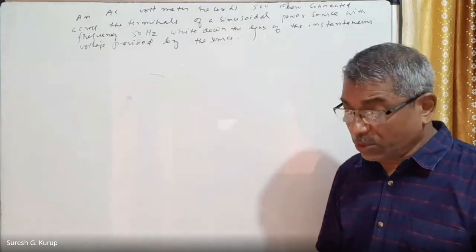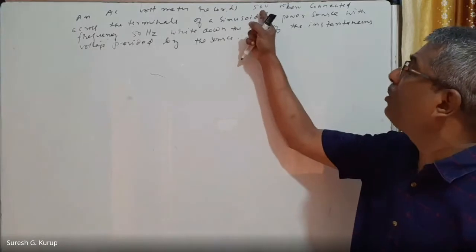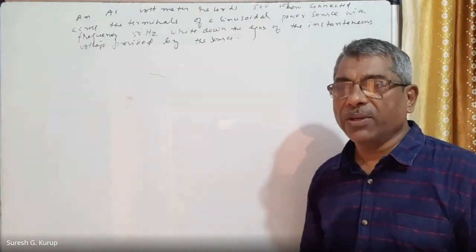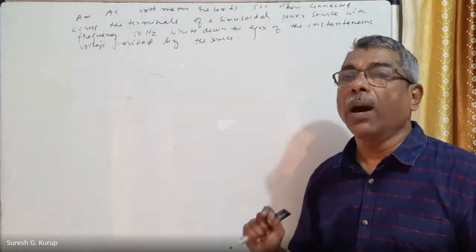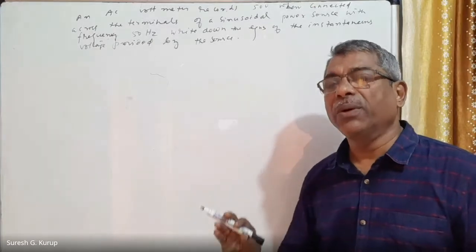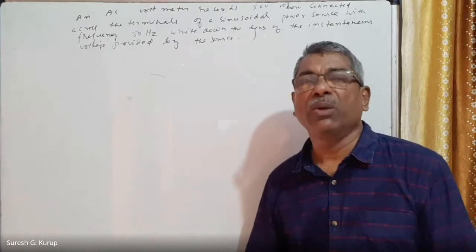In the question itself, it is given that the voltmeter shows 50 volt. In an AC circuit, a voltmeter always shows the RMS value. Remember that. An ammeter will show the RMS value of current, and a voltmeter will show the RMS value of voltage.